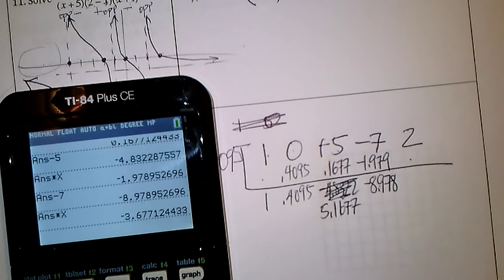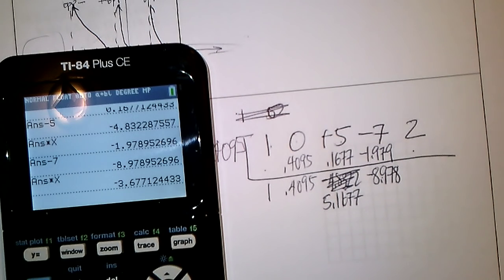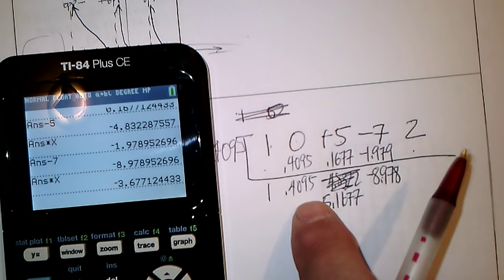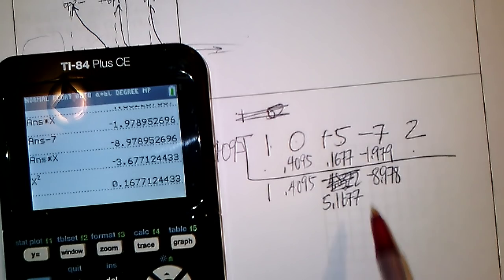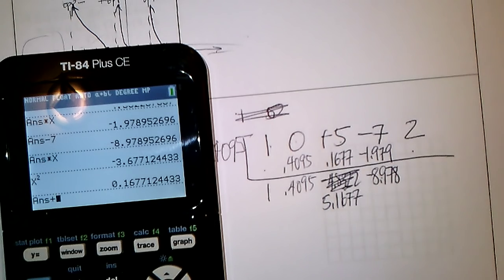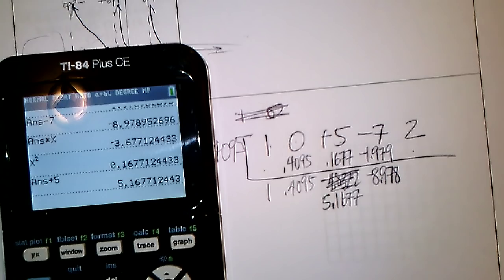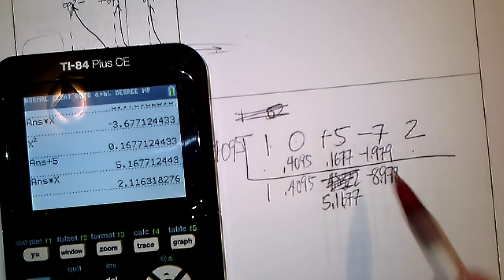So second quit. So I've got, this was the x squared plus 5, that's this number, times that number I stored in x.